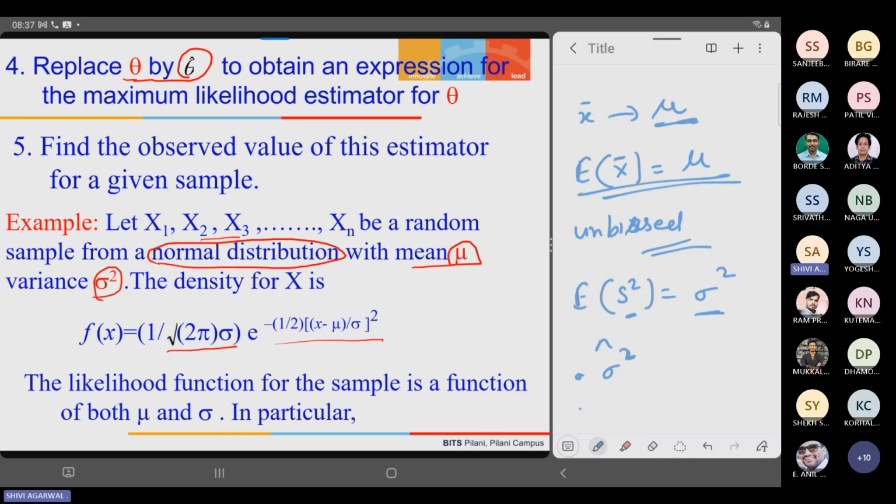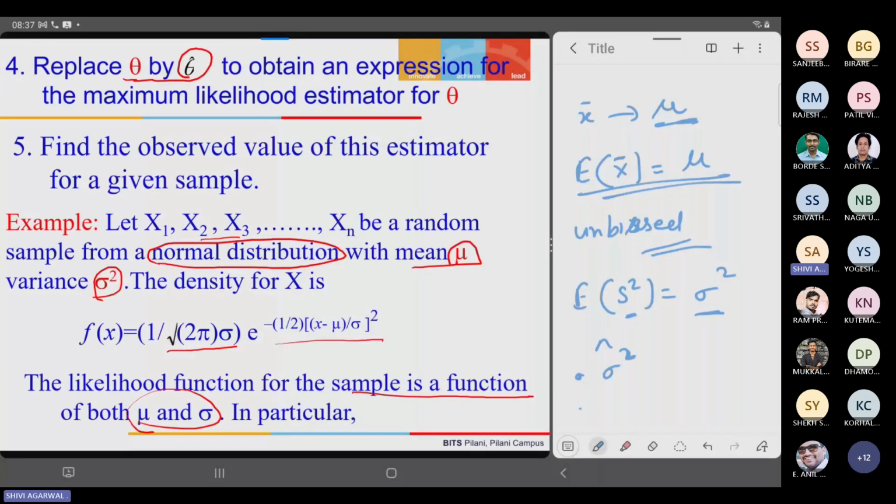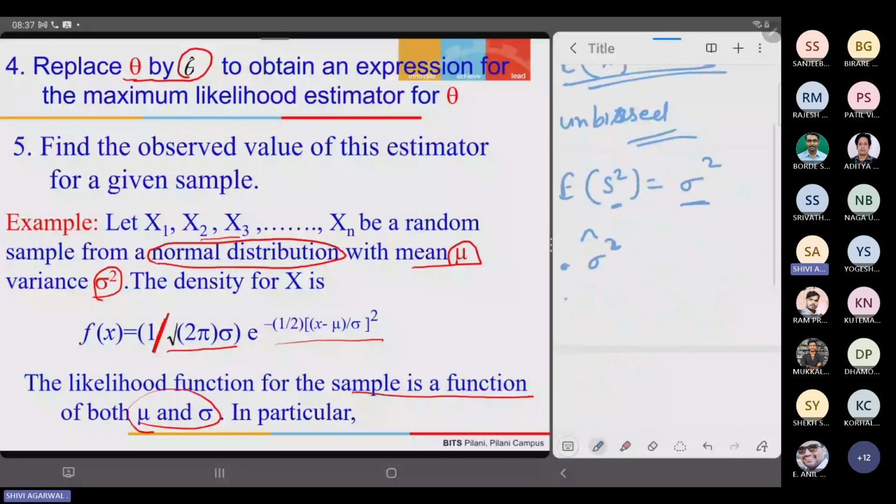Now, the likelihood function for a sample is a function of mu and sigma. There are two parameters we are taking, that is theta 1 is equal to mu and theta 2 is equal to sigma here. In particular, this is the log likelihood function. Do you remember the density function of the normal distribution?